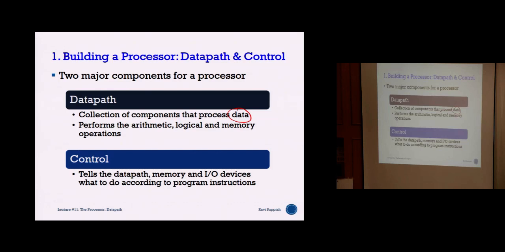Control tells us which devices to access and manages the flow of the data as it goes through. They are interlinked and work together to make the whole processor work.